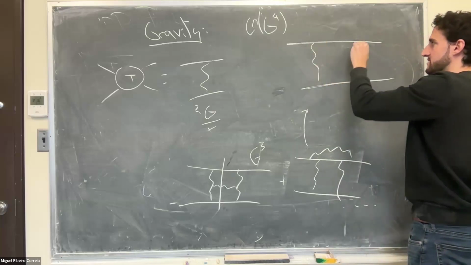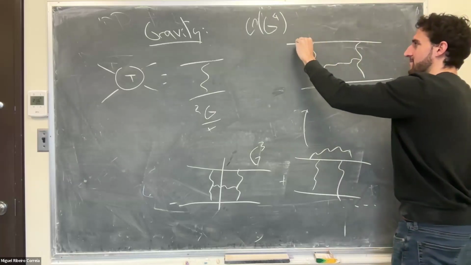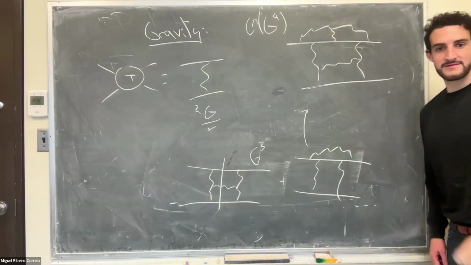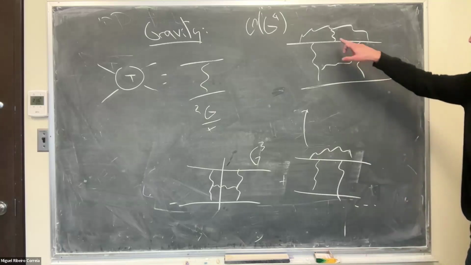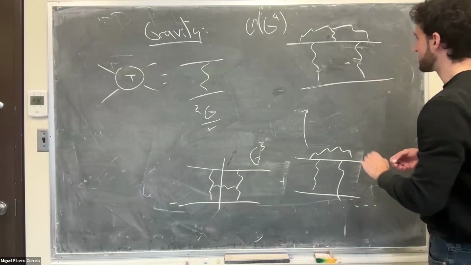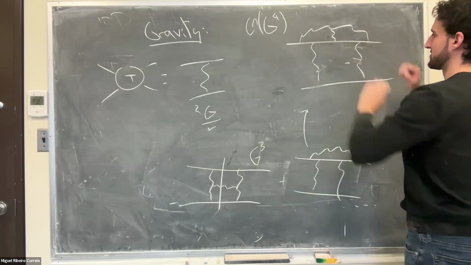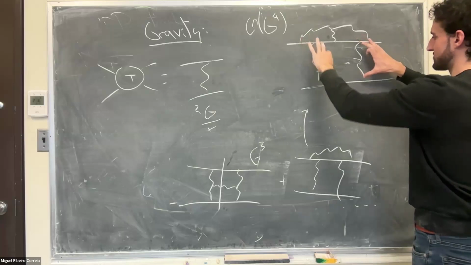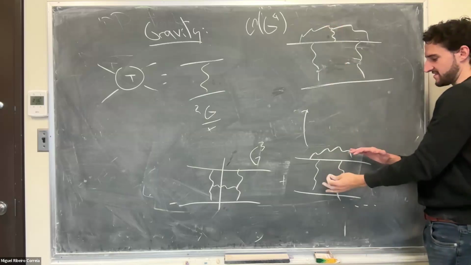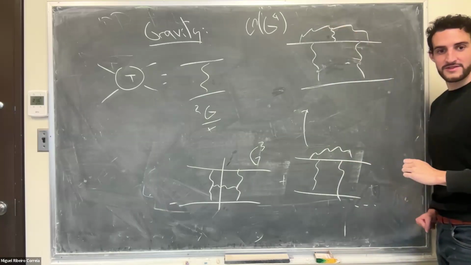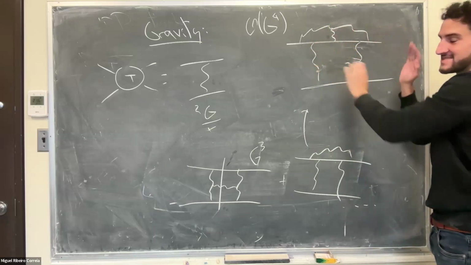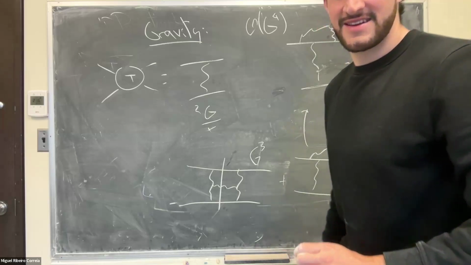To do this, you do the same diagram, but now you add another graviton. Sorry, did I screw up? Yes, it's g to the 4. So I have square root g, and this is g to the 4, okay? So it's this diagram, but you add this leg here of a graviton. So this is only in GR. This diagram only exists in GR, right?